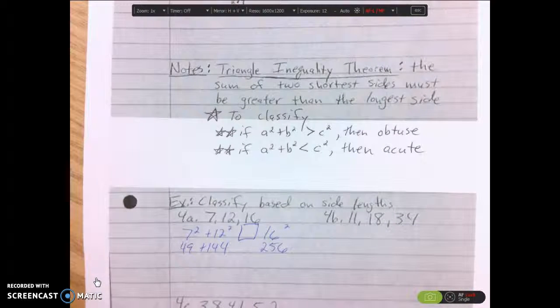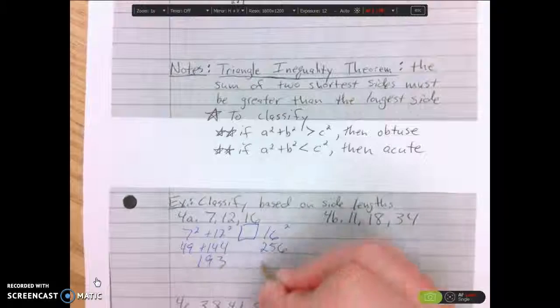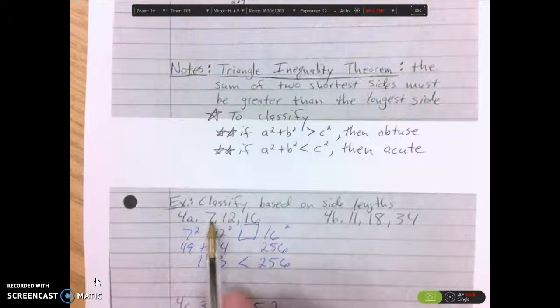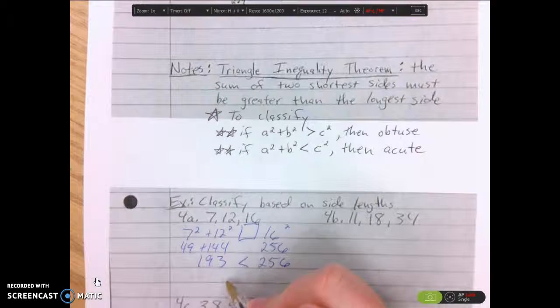And 49 plus 144 is 193. So I have 193 compared with 256. It's less than. I already knew it's a triangle because these two sides added together are bigger than the other side. But because a squared plus b squared is less than 256, this would be an acute triangle.